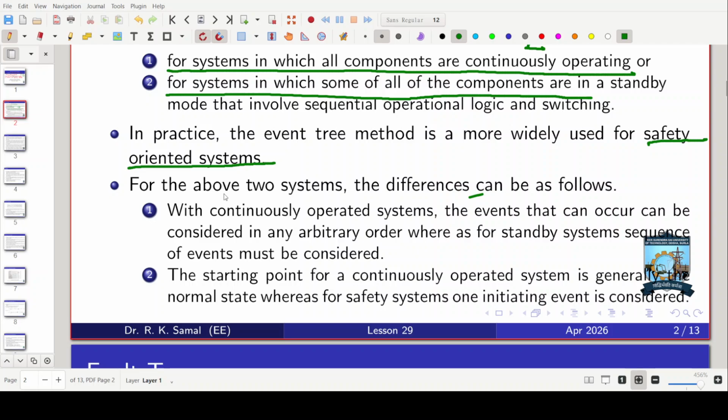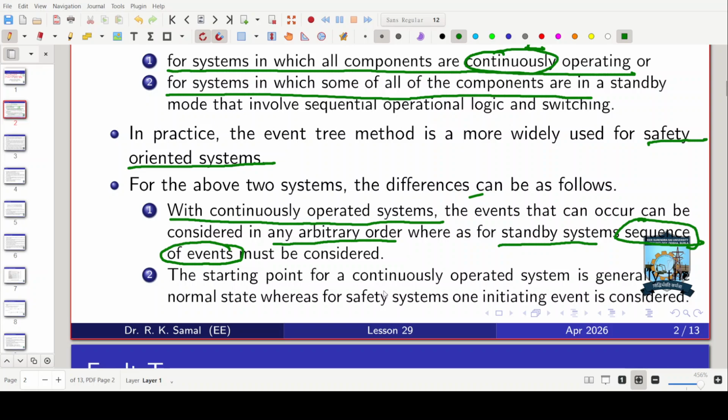For the above two systems, the differences can be as follows. That means the one which is continuously operating and the other is the safety systems. With continuously operated systems, the events that can occur can be considered in any arbitrary order, whereas for standby systems, sequence of events must be considered. Okay, for protection systems, sequence of events must be considered.